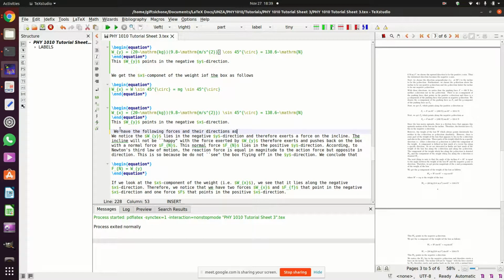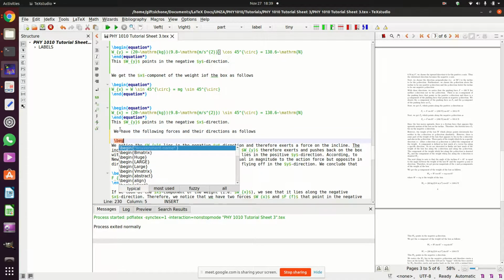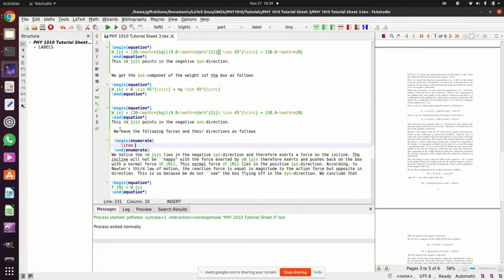The first one is the friction force, Ff, pointing in the negative x direction.